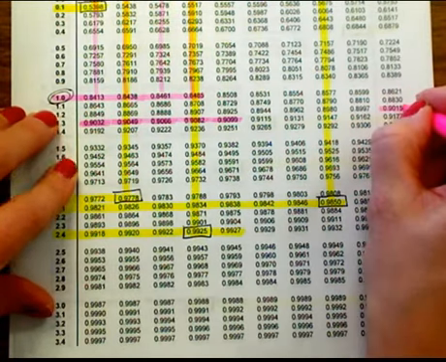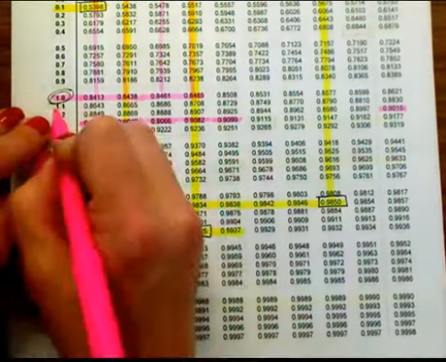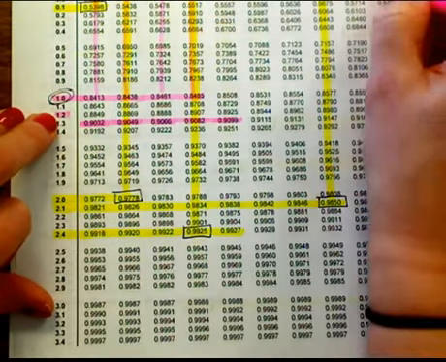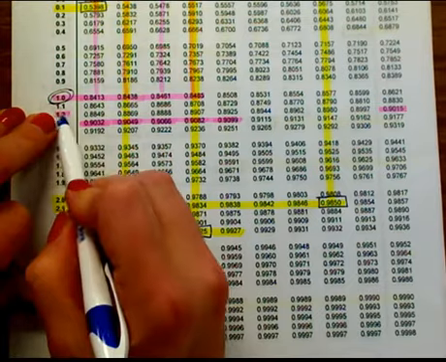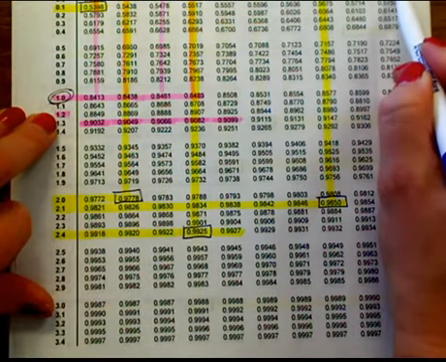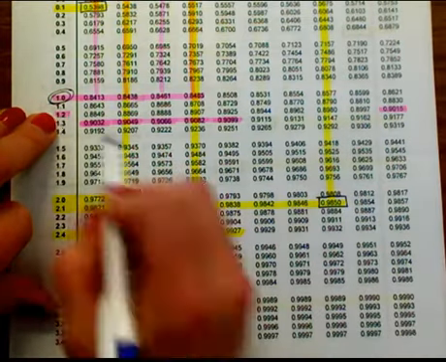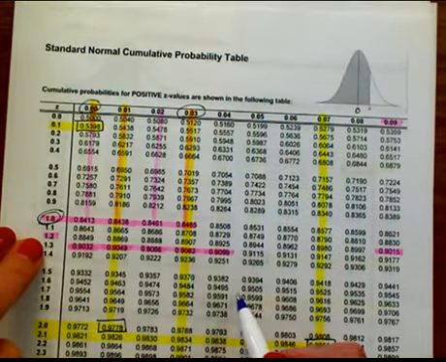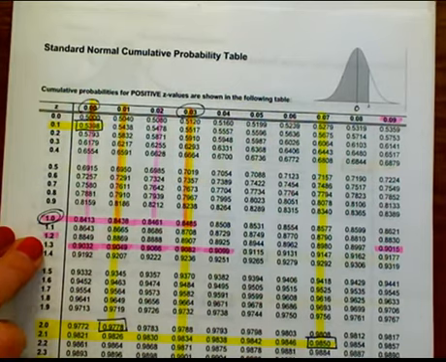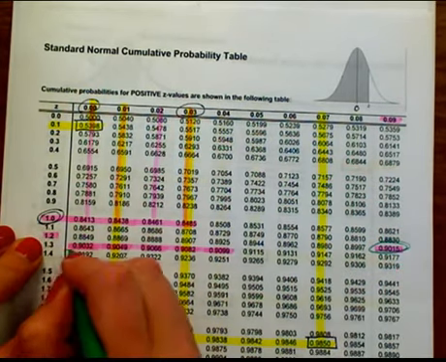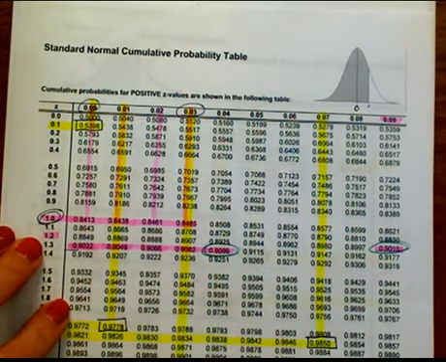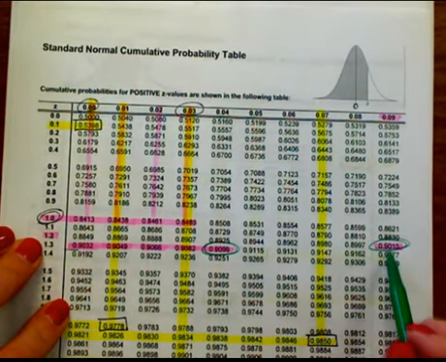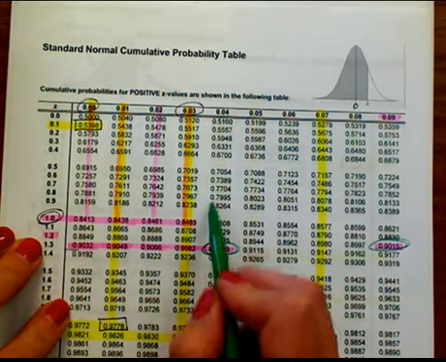Aha, this one's a little tricky. So z-min is 1.29 and z-max is 1.34. Here to here: 1.29, 1.34.